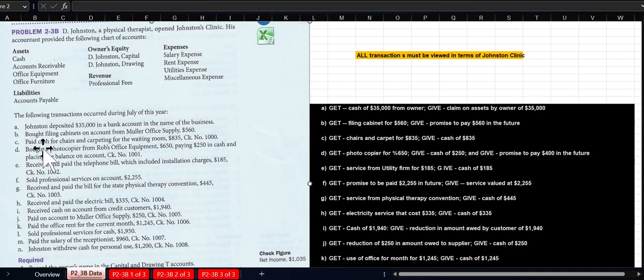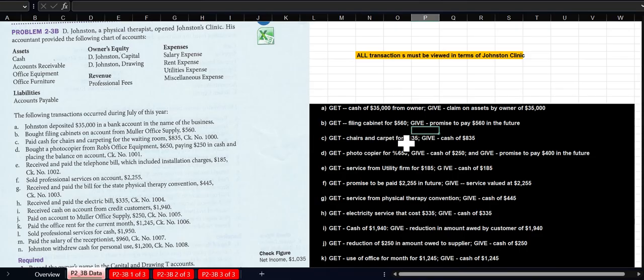And then we have where the business bought assets on account from this company for $5,560. And so what did the business get? The business had a get of the chairs and carpet. Sorry, it's B.